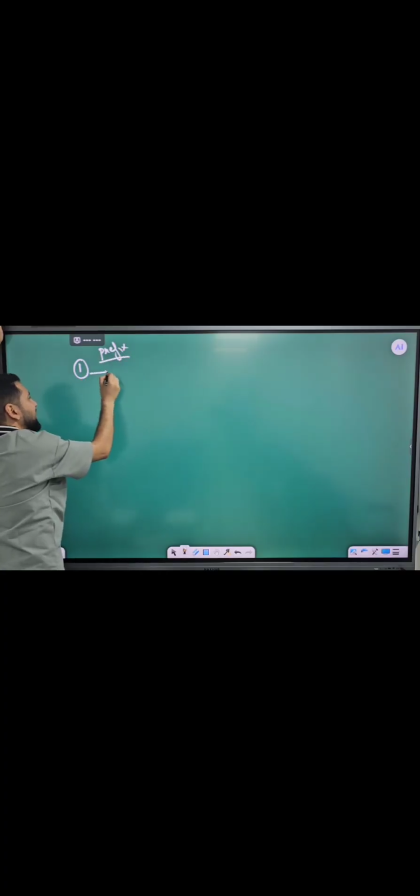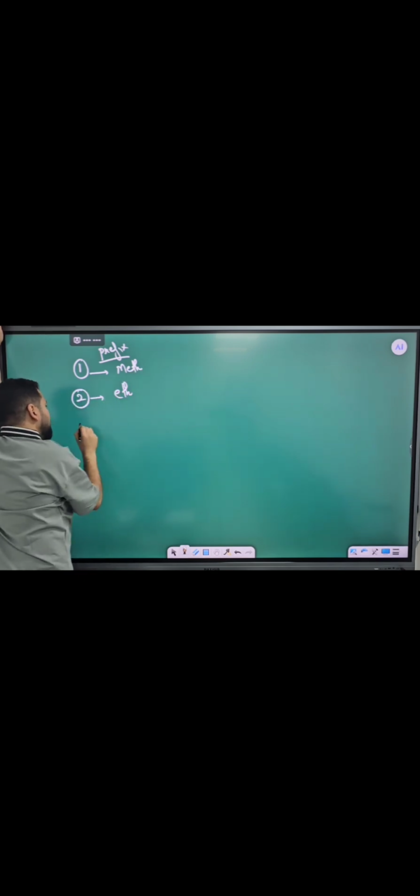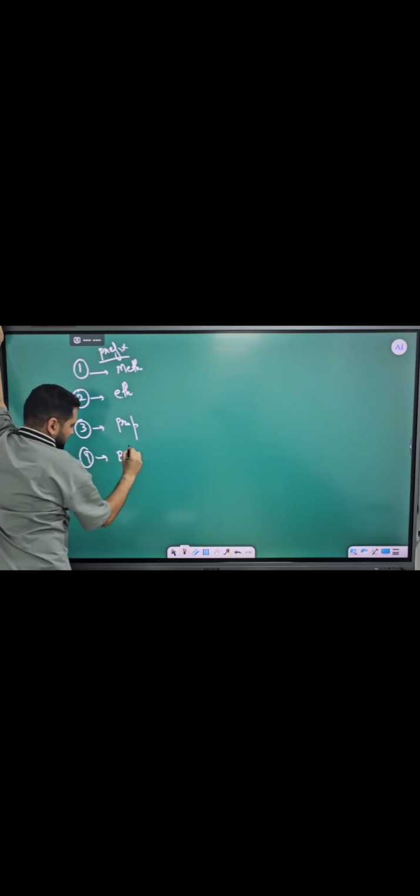If there is one carbon atom, we use the prefix meth. If there are two carbon atoms, we use the prefix eth. If there are three carbon atoms, we use the prefix prop. If there are four, we use but. If there are five carbon atoms, we use pent.